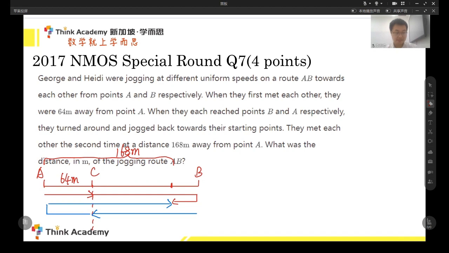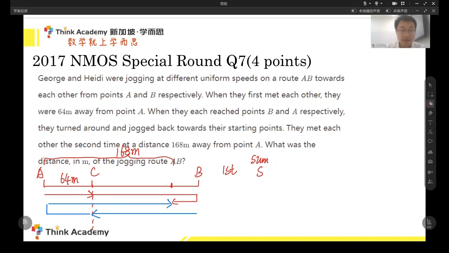The key point is that they meet twice, and in a meeting problem we should always study the distance in sum. The first time, the sum of distance is x, the total AB. But now there is a 64 here. What is this 64 meters?